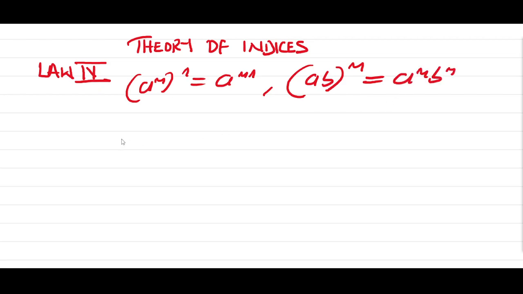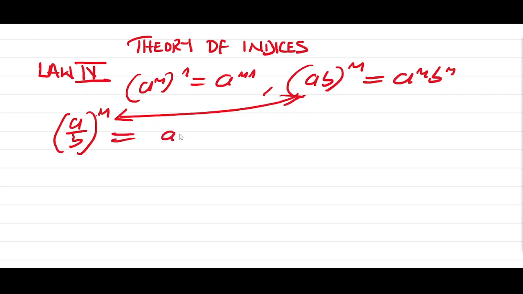Now, what do we do when we have (A over B) to the M? Do we say A to the M over B to the M?